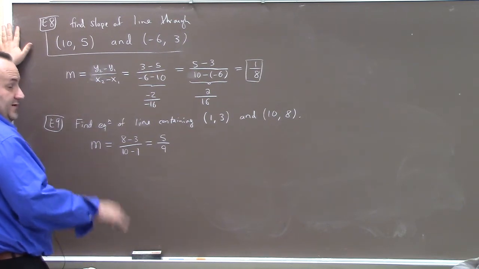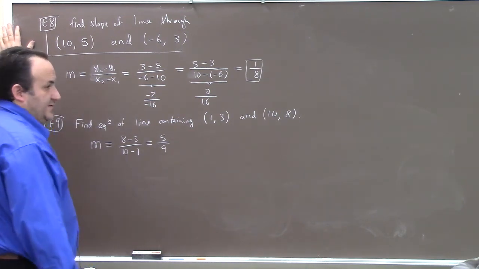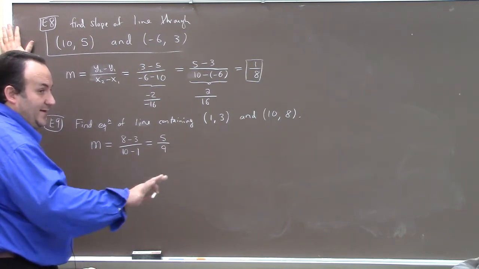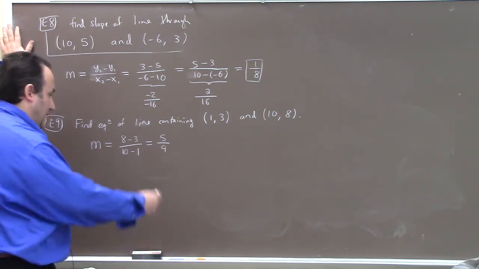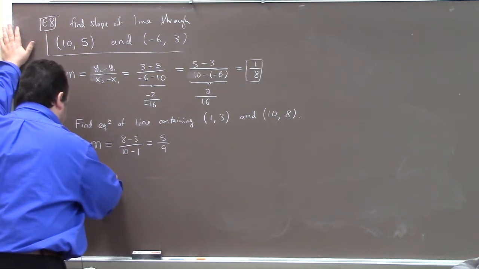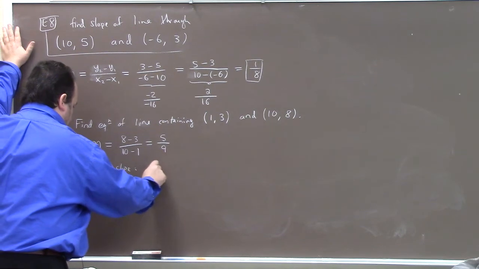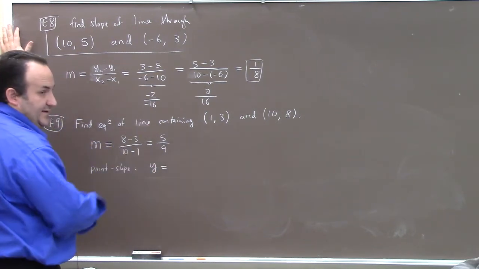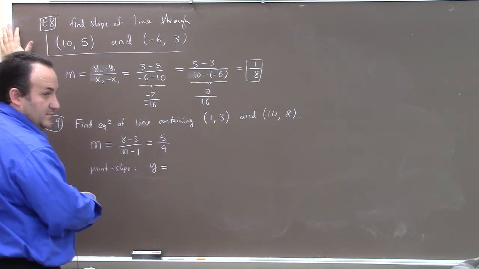There are two different ways I go here. The one way is to do algebra to figure out what b is. The other is to just write down the answer with point slope. See, point slope says what? y is equal to, and then you got to pick your point. Do you want to use 1, 3 or 10, 8? Either one will work. Doesn't matter.